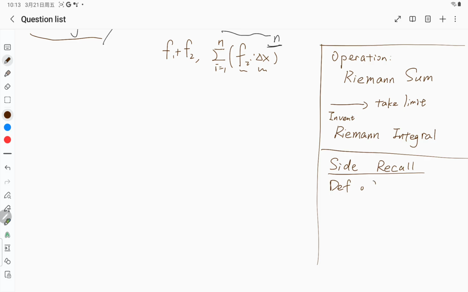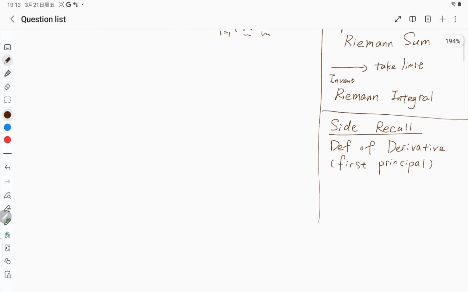Recall the definition of derivative. Remember, the definition of derivative, or the first principle, also involves taking the limit, right? So if we have the average rate of change, it would be the difference of the function values f over delta x, where delta x is the difference of the x values.